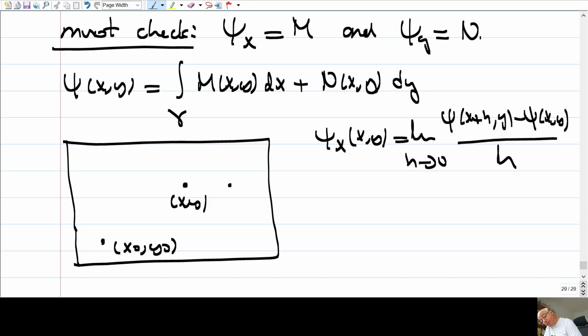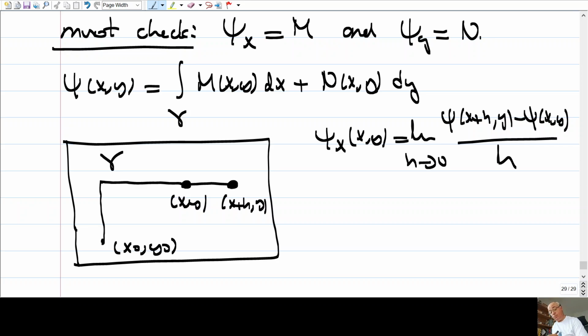Well, (x plus h, y) is somewhere here, and I go like this. I go up here and then go like this. I can choose any path I want.